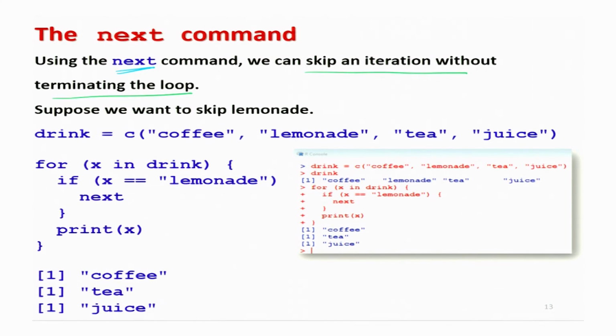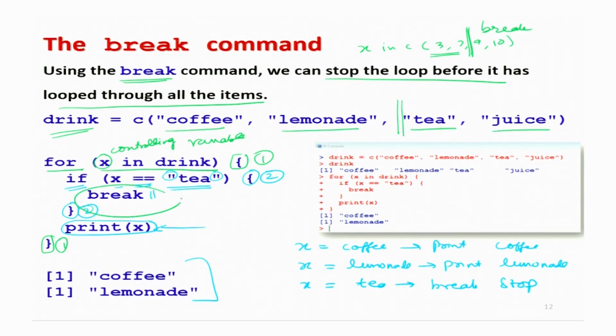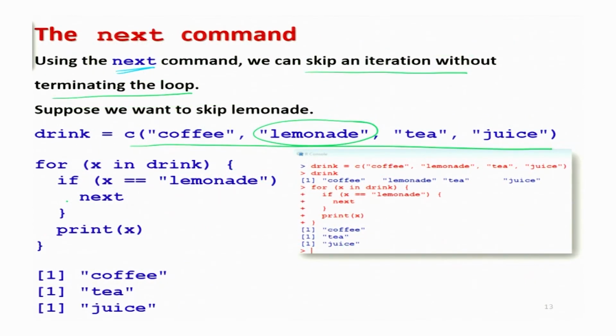For example, in the same example, suppose I have these 4 values: coffee, lemonade, tea and juice, and I want to execute the same program for all the values except for lemonade, right. So, I will write the same program, but where we had used break, I will use next.